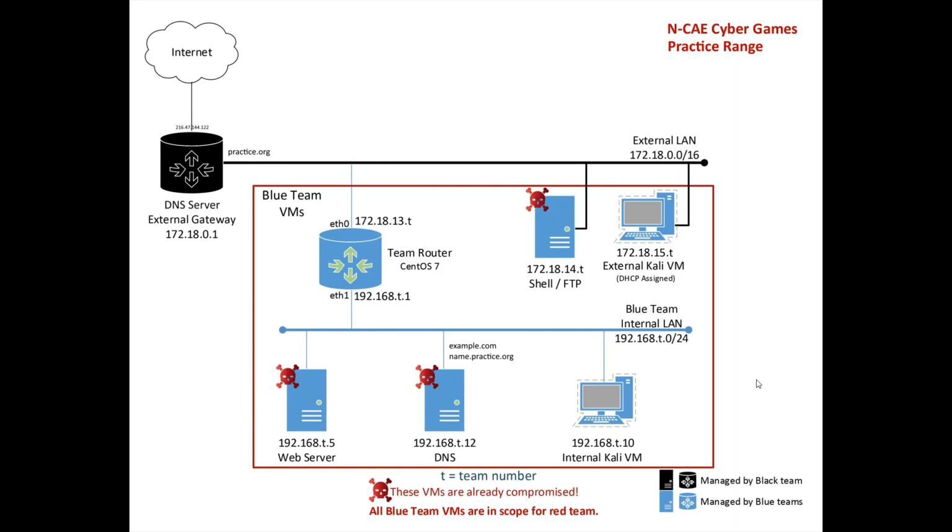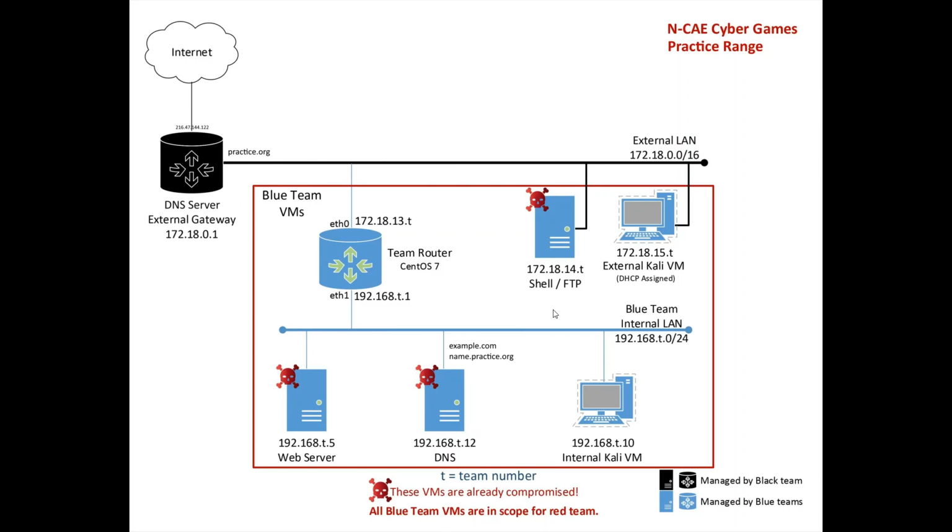I have taken the original competition network diagram and I have made a couple changes. Most notably, I have removed a few machines just to make the environment a little smaller. In addition, during the actual competition, students are required to set up the static IP addresses themselves. This includes every IP address except for the one for the external Kali VM, which is DHCP assigned.